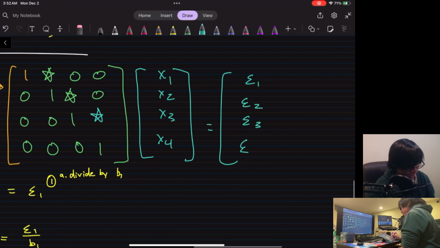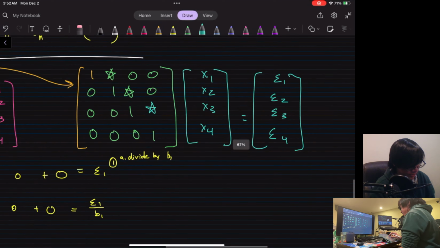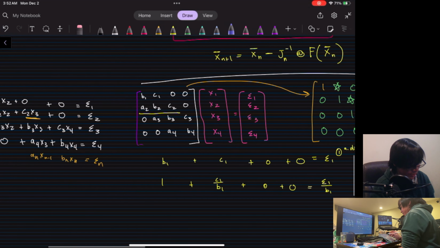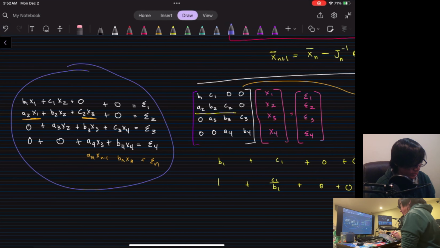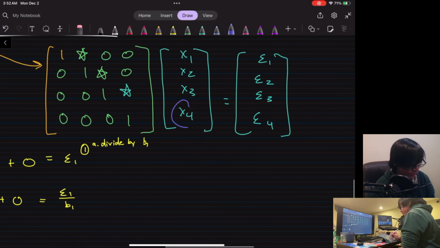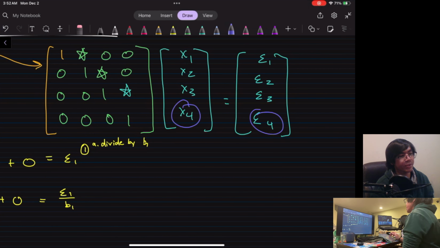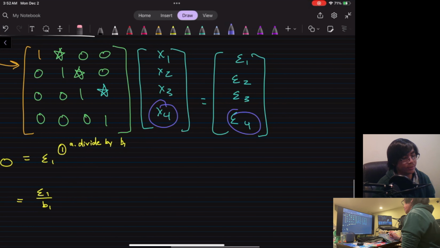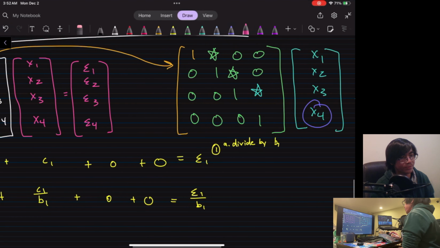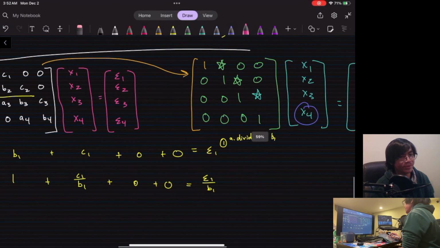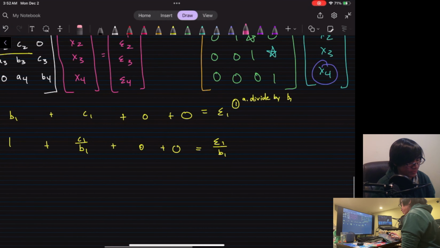Now it is very easy to solve this set of equations, since at the very bottom x4 is equal to epsilon 4. I'll do a concrete example, though I need to show this part first.